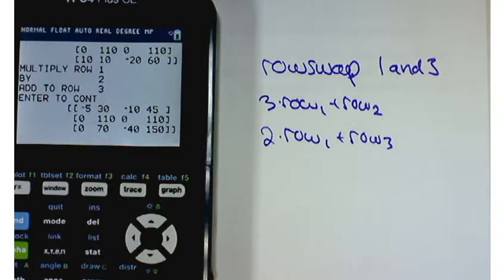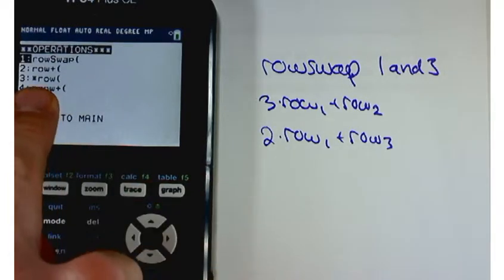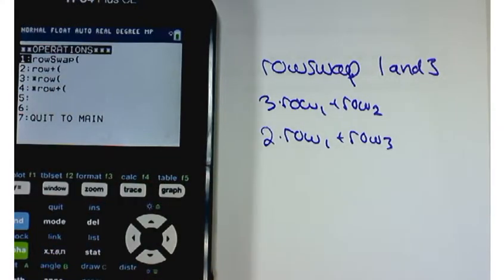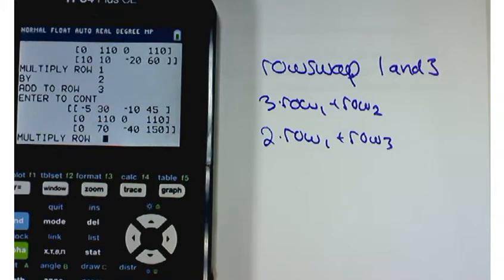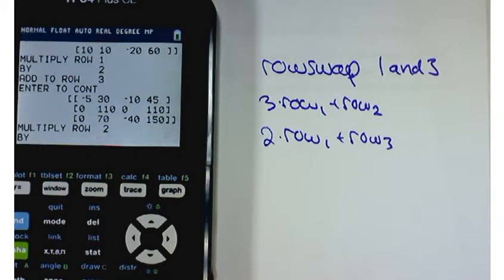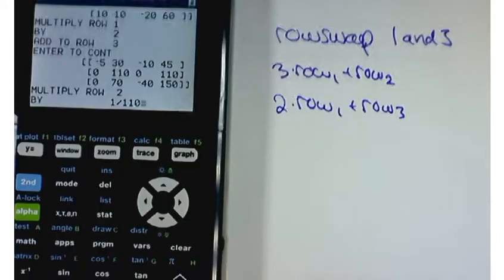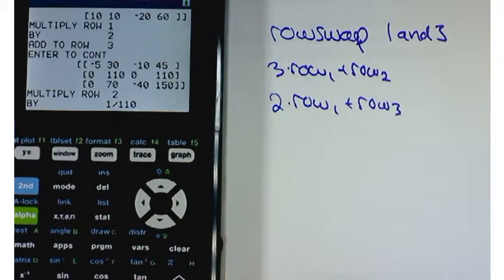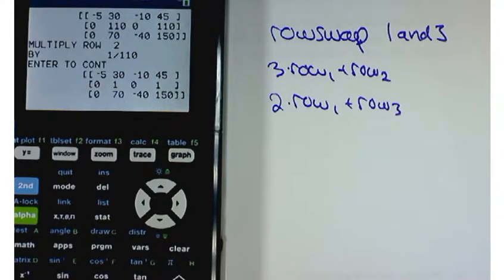So let's do that. Select the third option. Multiply row 2 by 1 divided by 110. So multiplying by 1 over 110 gives you this, which is nice. Yeah, y equals 1. You got your solution right there.